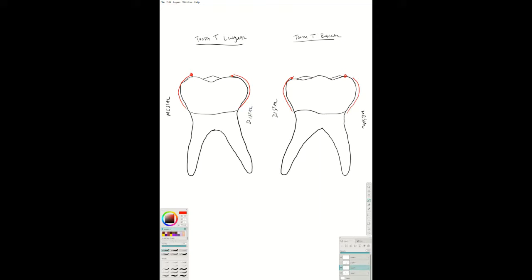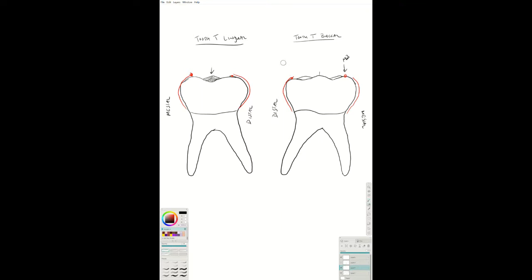The other thing that I will point out here, just to give you guys a bearing, is this little triangle right here that I'm shading in. This is the distal buccal cusp, because we're going to have our mesial buccal cusp, distal buccal cusp, and then this is just the distal cusp, right?